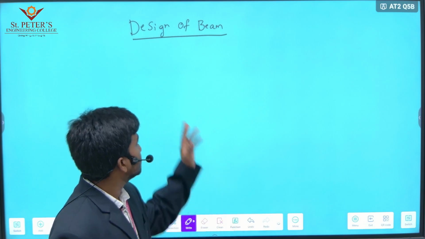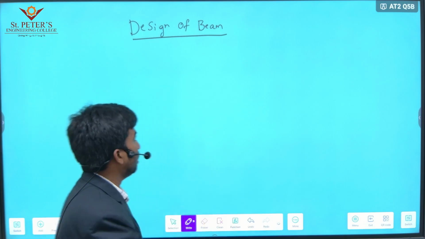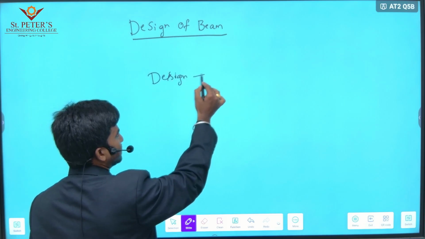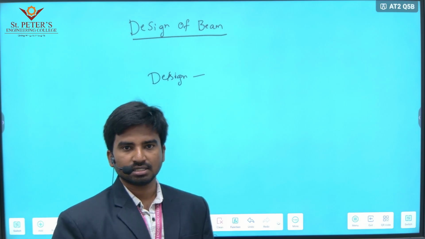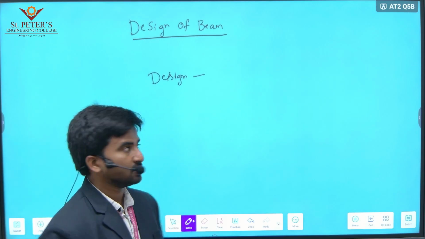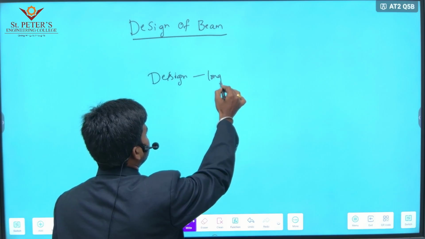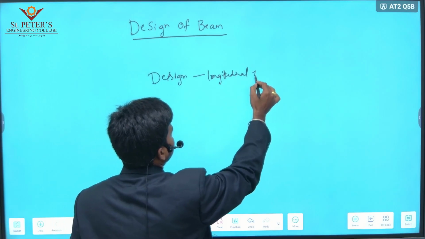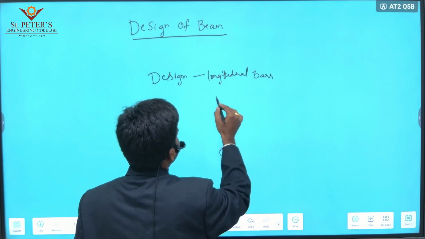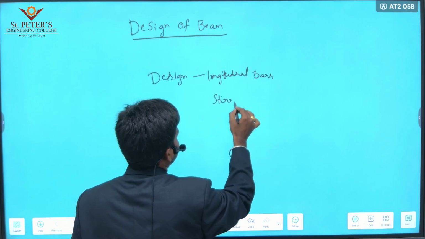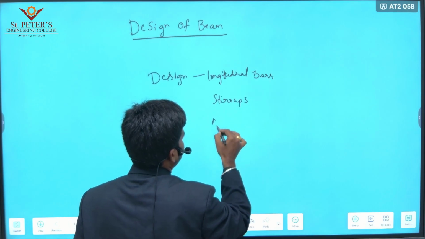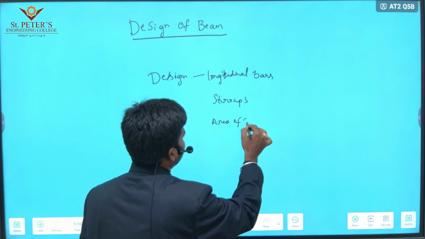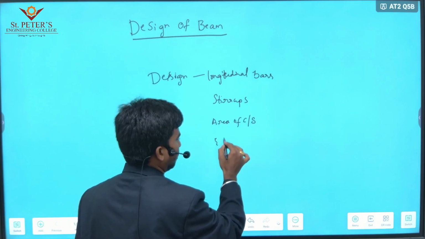And today my topic is design of beam. So first of all, what is design? Design means to calculate the number of bars, longitudinal bars and stirrups, area of cross section, and effective cover.